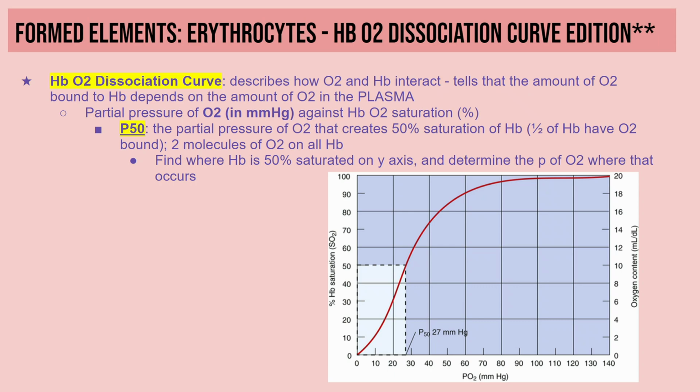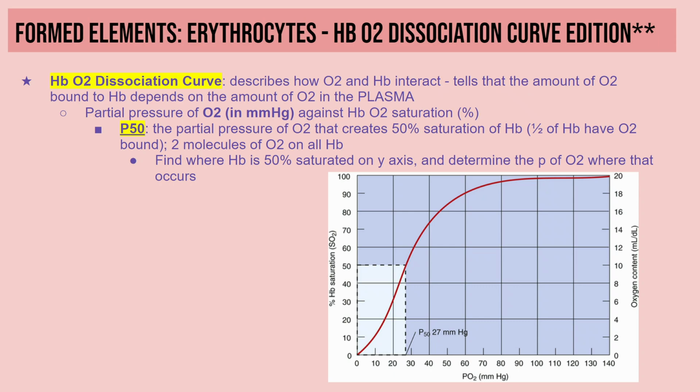Okay, so here's the hemoglobin oxygen dissociation curve. It describes how oxygen and hemoglobin interact, which basically means that the amount of oxygen bound to hemoglobin depends on the amount of oxygen in the environment or the plasma, which is the partial pressure of oxygen on the bottom. So the x-axis on the bottom is telling you how much oxygen you have available in your blood, in the plasma.